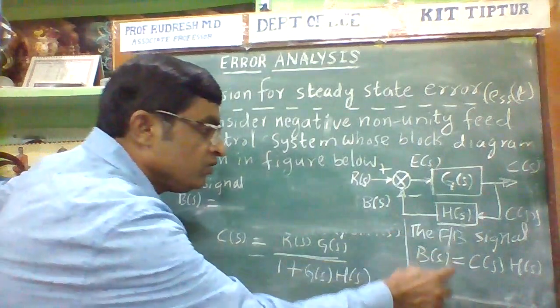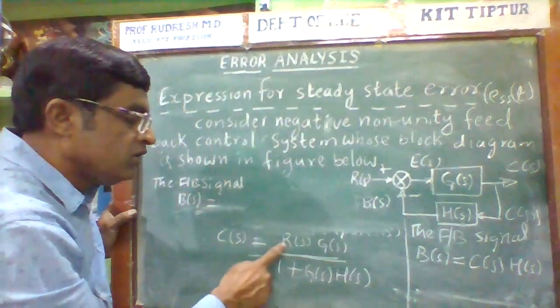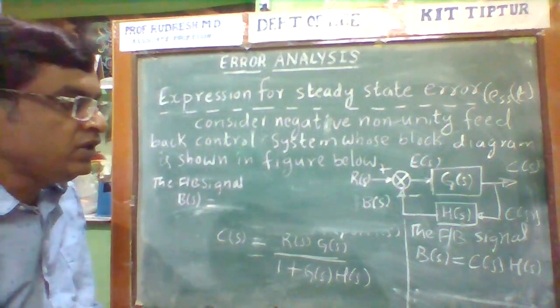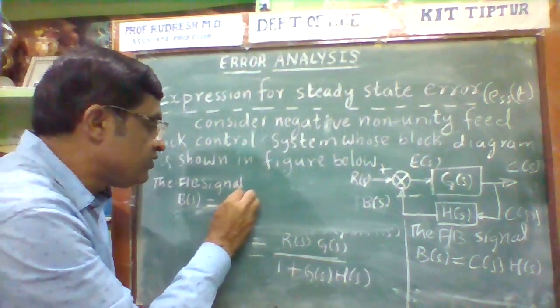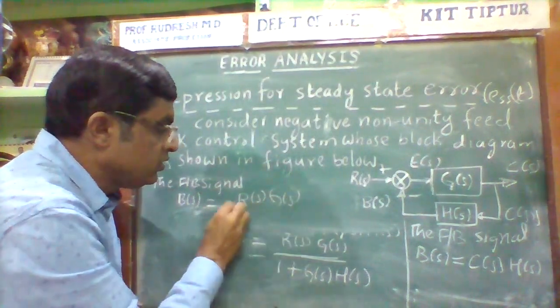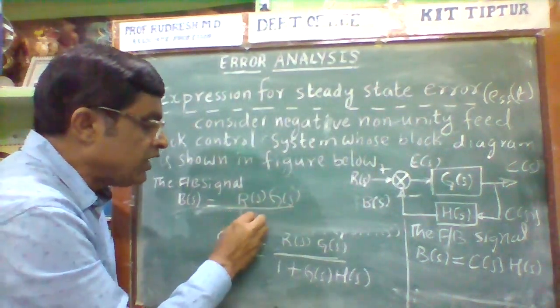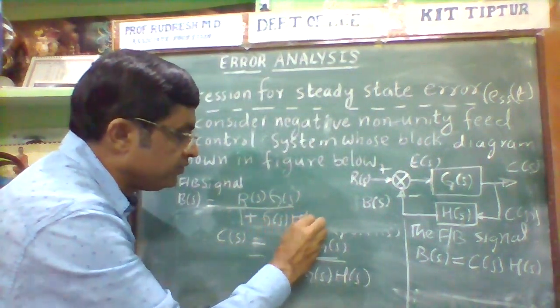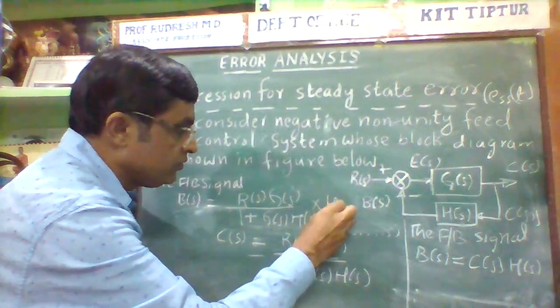Now what is the C(s) value? C(s) is R(s) into G(s) divided by 1 plus G(s) into H(s). So B(s) is R(s) into G(s) divided by 1 plus G(s) into H(s), into H(s).